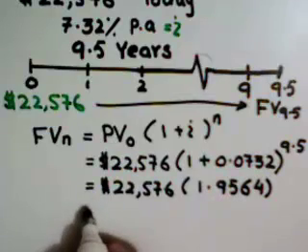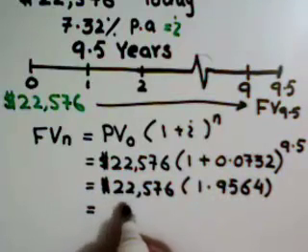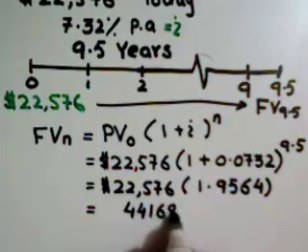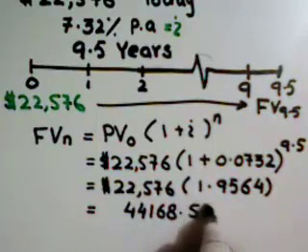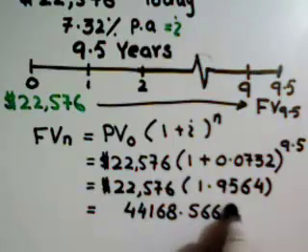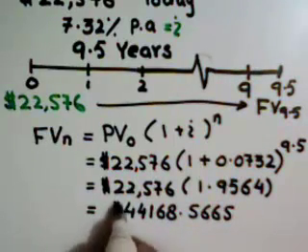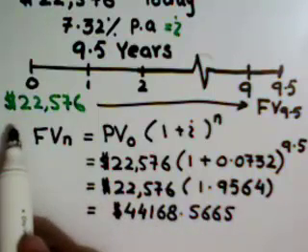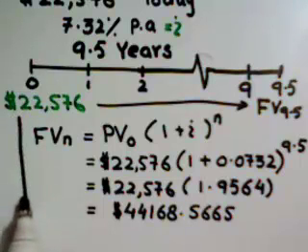Now multiply this with 22,576, which is 44,168.565. So this is the future value of 22,576 at the end of 9.5 years.